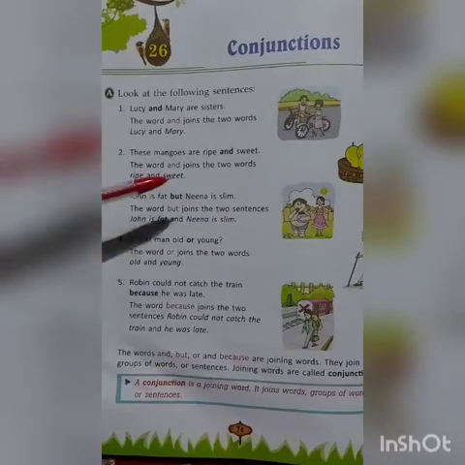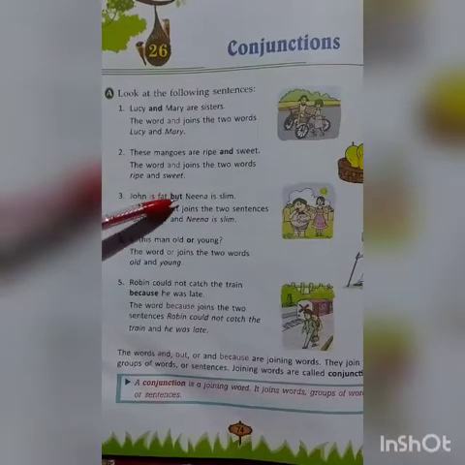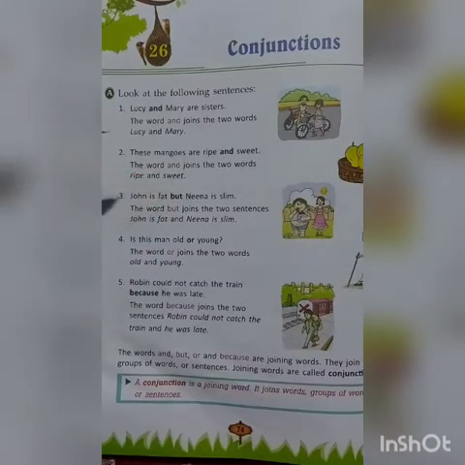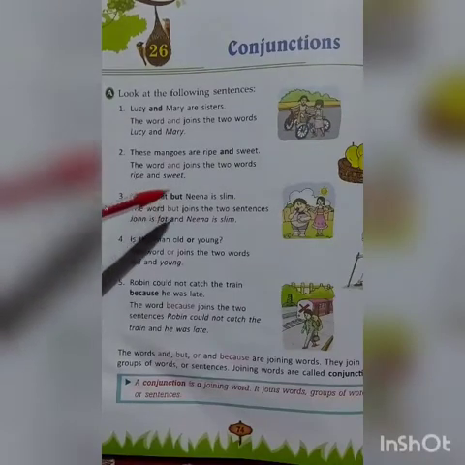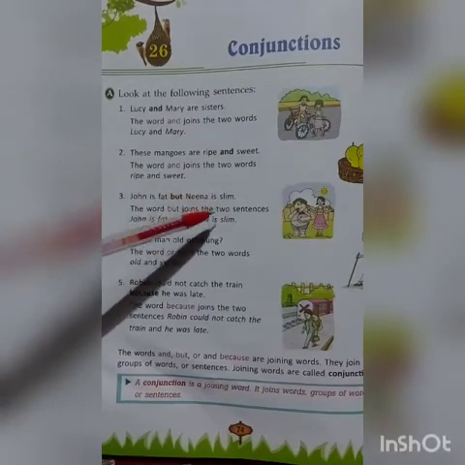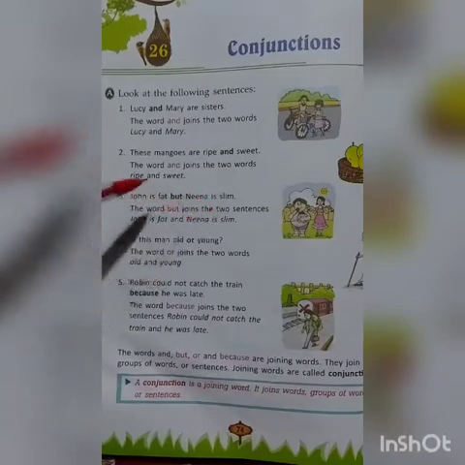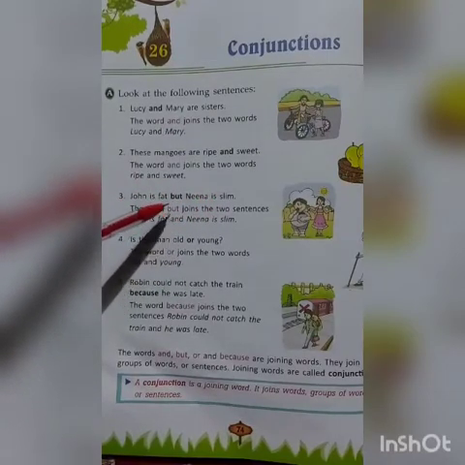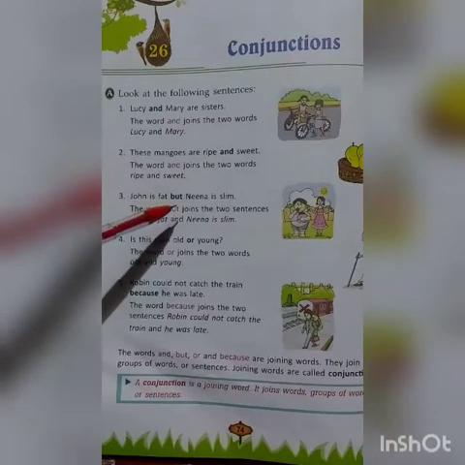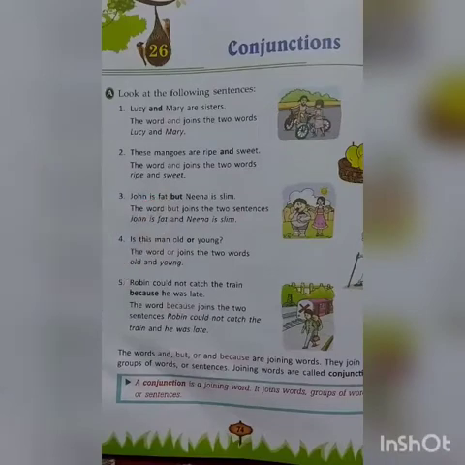Now children, but is used to join sentences that have opposite ideas. Like here we are saying that John is fat, but Nina is slim. So fat and slim, they are two opposite ideas. Okay? So but is used to join sentences that have opposite ideas.